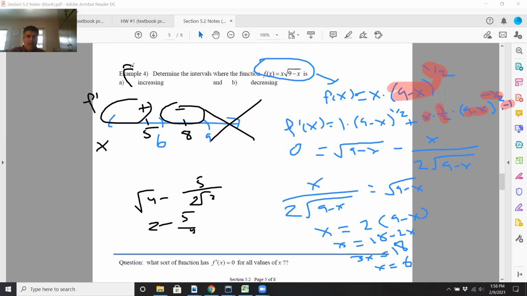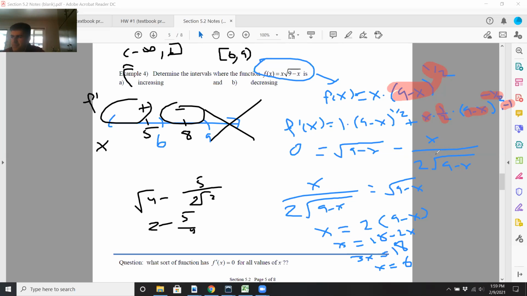You could just say from -infinity to 6, you're increasing. You're decreasing between 6 and 9. And you can't include the 9 actually, because it would make the derivative undefined. So we don't actually include it.